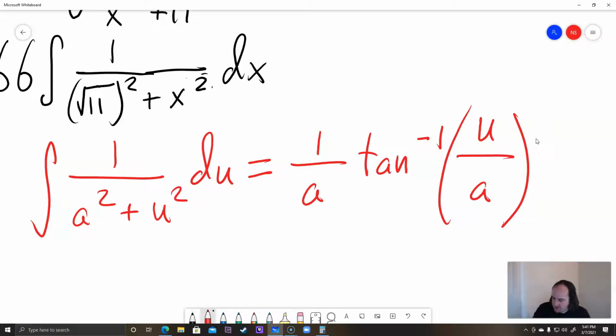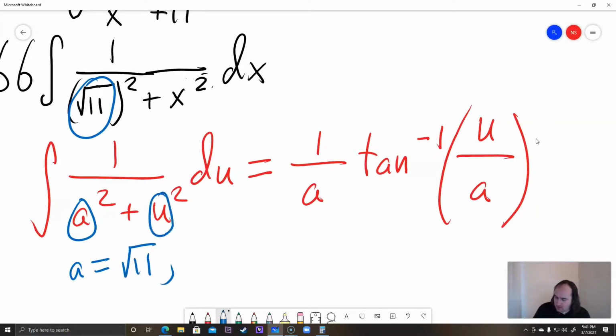Here we can see that our a is going to be root 11, and our u is just x. And we don't even have to worry about du, because if u equals x, then du equals dx. So there's no surprises there.